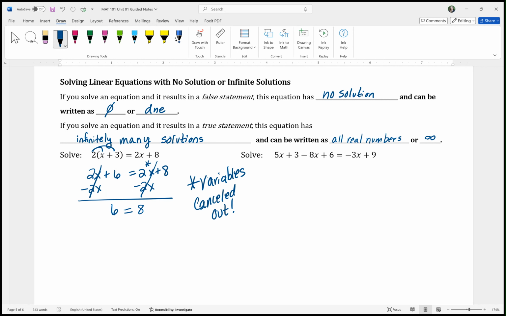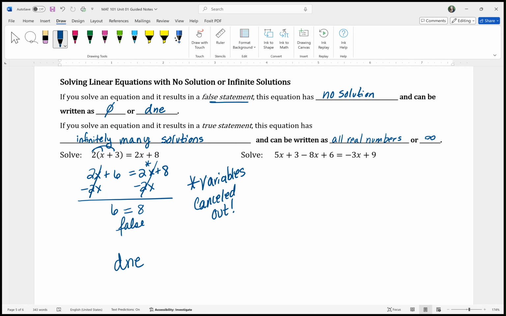Does 6 equal 8? No, this is false. And because it is false, we have no solution and our answer would be DNE. So if the variables cancel out, look at your numbers, see if they're the same. If they're the same, that's going to be infinity. If they're not, that's DNE.